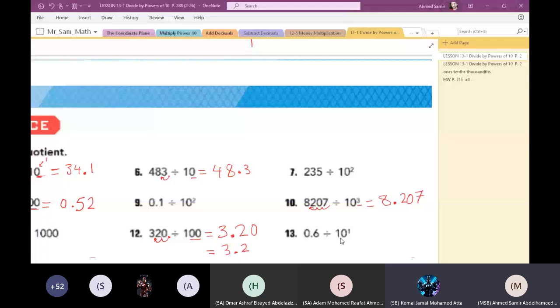Okay, so let's write it down. So we're moving the decimal point 2 spaces to the left, yeah? 1, 2. So it would be 2.35. Excellent job. Thank you very much. Well done, Kemal.